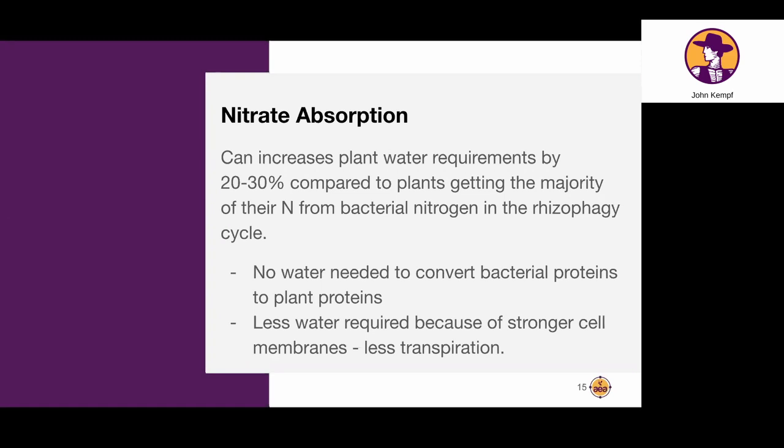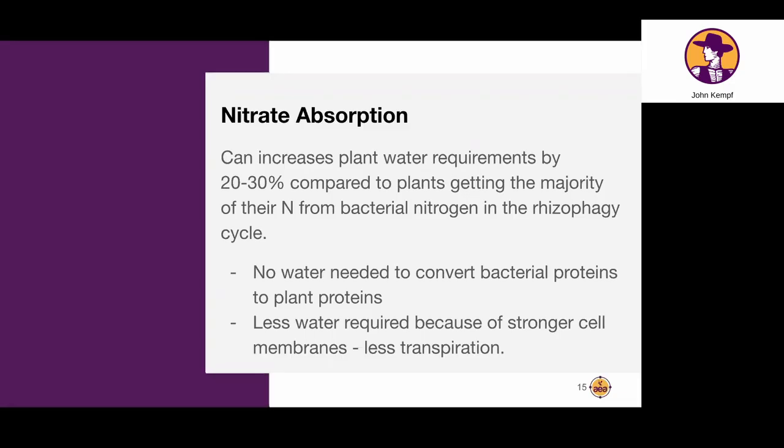We don't pretend to fully understand it. We think we have a handle on a couple of them. But the bottom line is you can greatly increase a crop's drought resilience and reduce its water requirement by making sure that it gets nitrogen in forms other than nitrate.